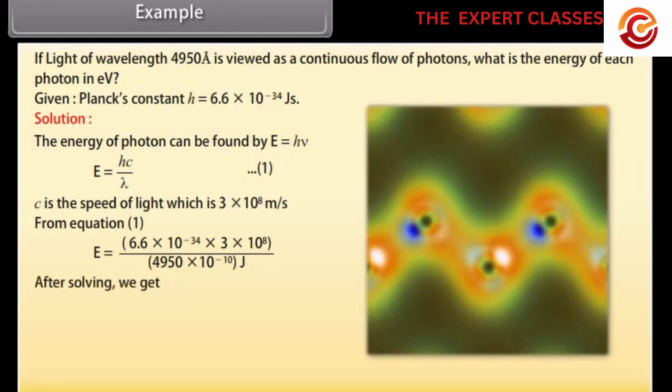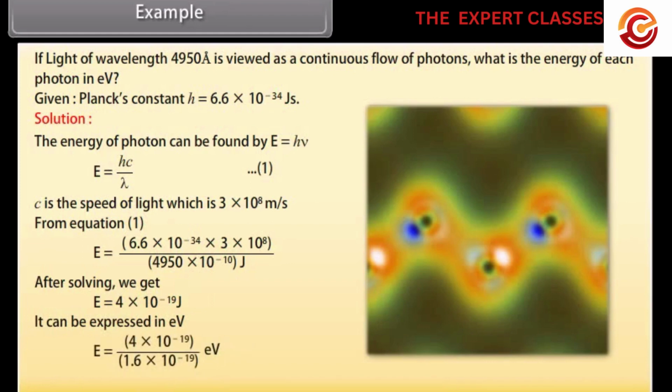After solving, we get E as 4 × 10^-19 joule. It can be expressed in eV: E equals 4 × 10^-19 by 1.6 × 10^-19 eV. E is equal to 2.5 eV.